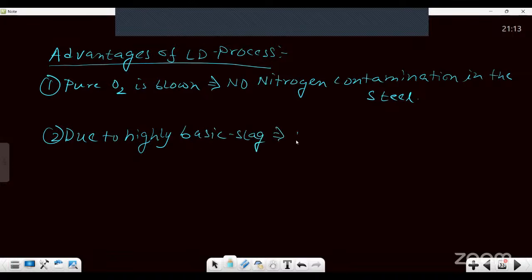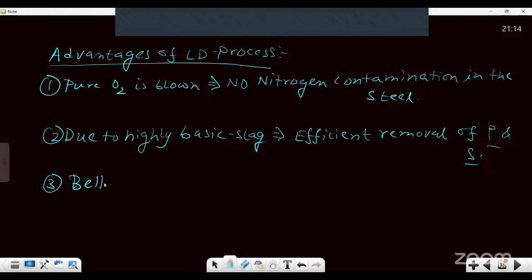And better temperature control and refining.